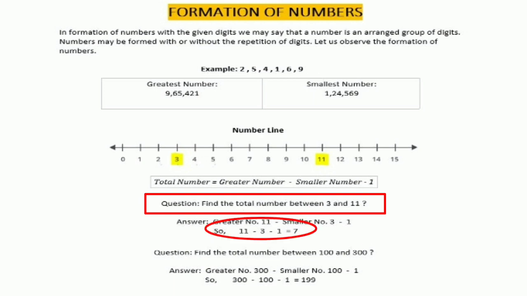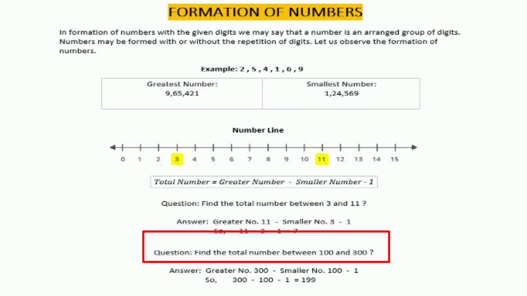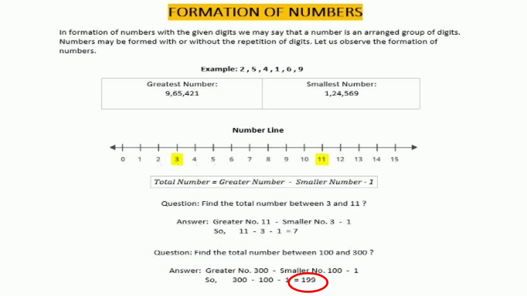Here also we got 7. Then consider another example. Find the total numbers present between 100 and 300. Here 300 is the greater number and 100 is the smaller number, minus 1. Then we got 199 numbers present between 100 and 300.